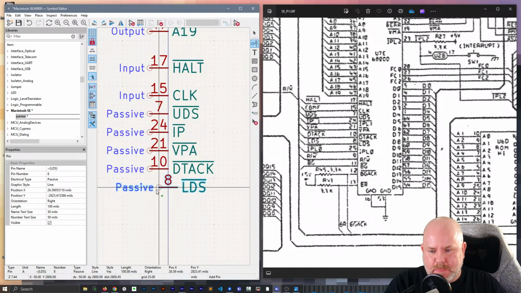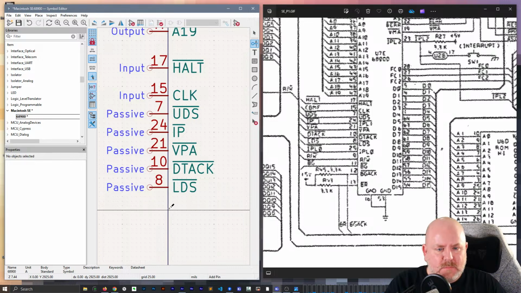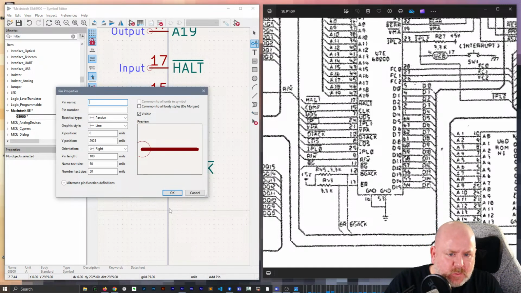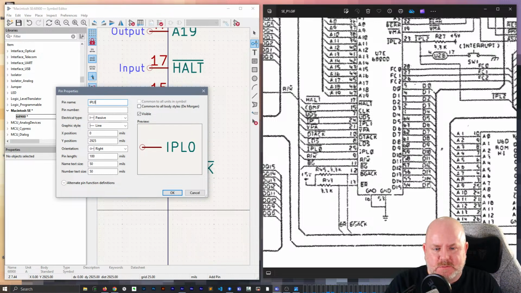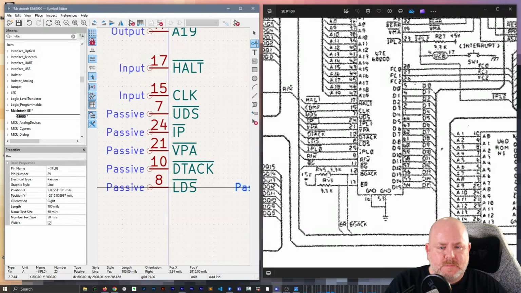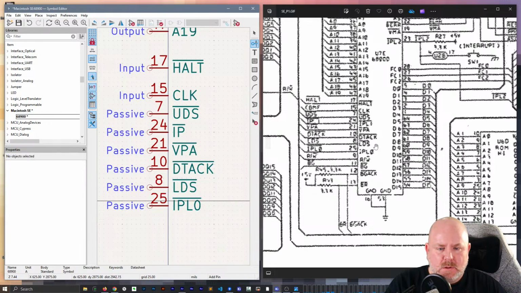8. And then, oh, look at this. Okay, so the other pin, this is IPL0. And it looks like that's a knot. I wonder if the other one is IPL1. Because it kind of looks like IPL0, and I could kind of see like an IPL1.